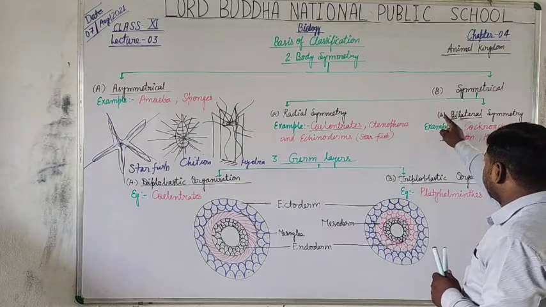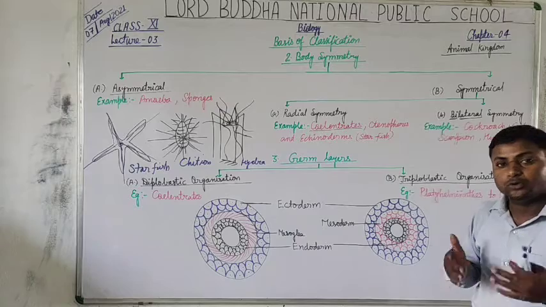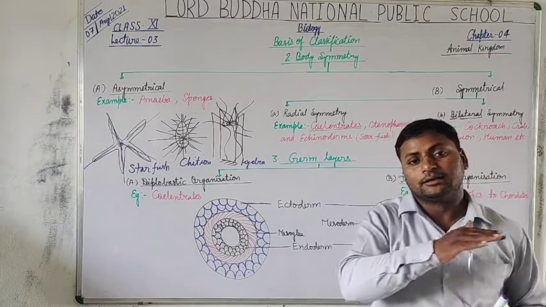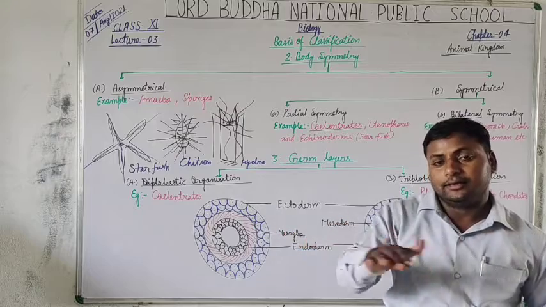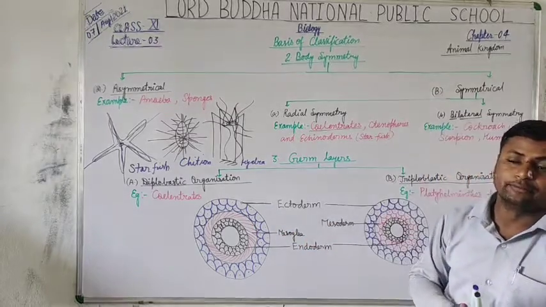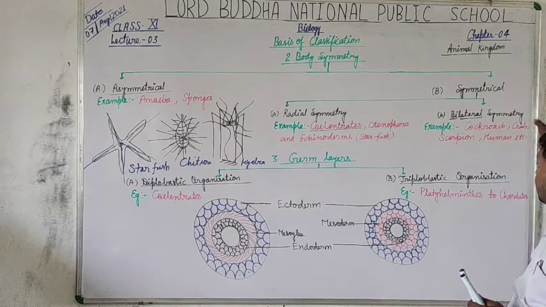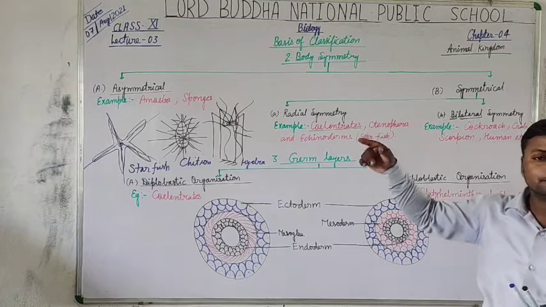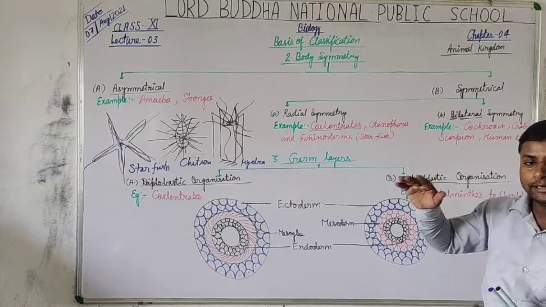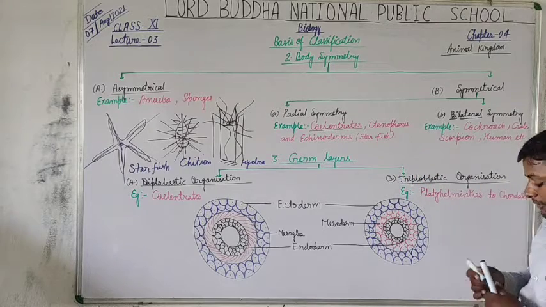Here the animal's body can be divided into two equal halves on any plane, either at a horizontal surface or at a vertical surface. Such a type of body organization possessed by an animal is called bilateral body symmetry.